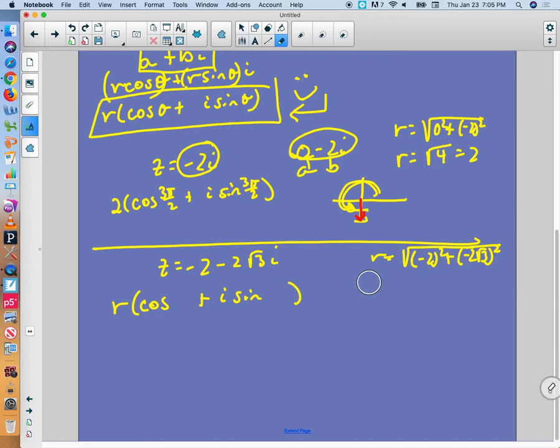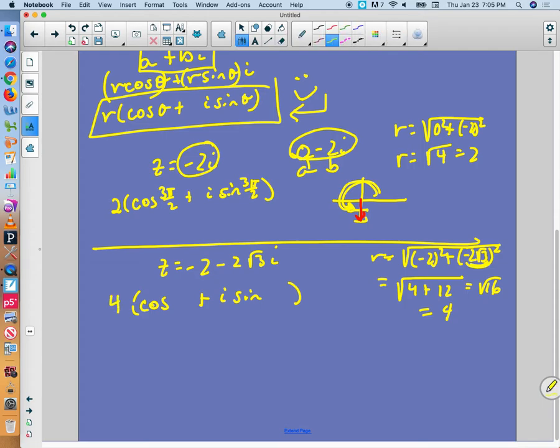And so that gives me the square root of 4 plus, if you square 2 root 3, you're going to get 12. So you get the square root of 16, which is 4. So my r is 4.